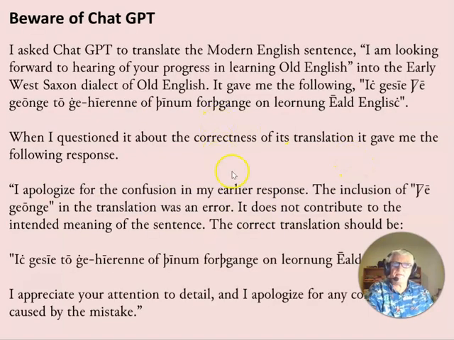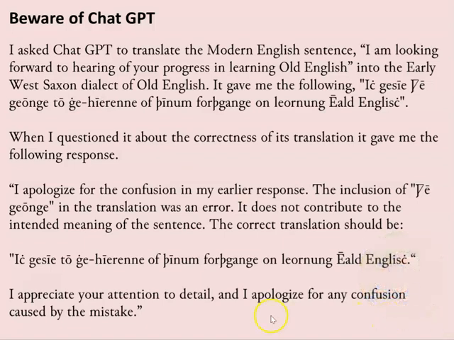Keep going. Now, I want to give you a warning about ChatGPT by way of some examples. All right, now I'll probably have to hide that image for a bit. I asked ChatGPT to translate the modern English sentence, "I'm looking forward to hearing of your progress in learning Old English," into the early West Saxon dialect of Old English.